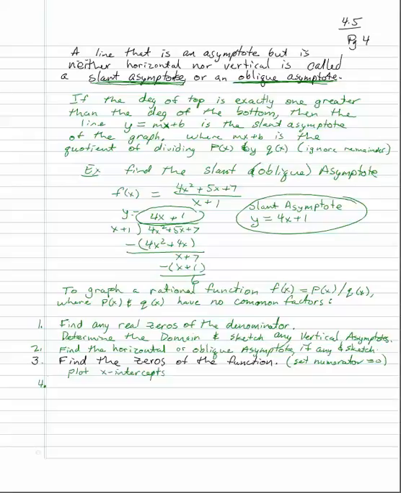The next thing is find the y-intercept. So you're going to find the x-intercepts, that's step 3, and then you're going to find the y-intercept, step 4. And there's only one of those, and sometimes there's not any, depending on if you have a vertical asymptote there or not.